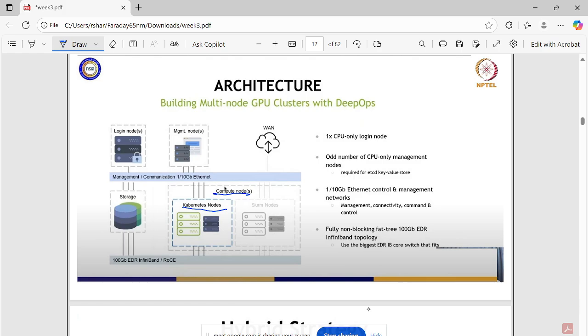So we will have a Slurm node and a Kubernetes node, because any Docker container which is not generated by Kubernetes is not going to be maintained by the Kubernetes cluster.